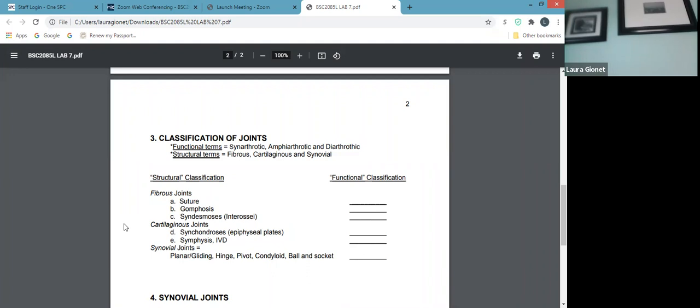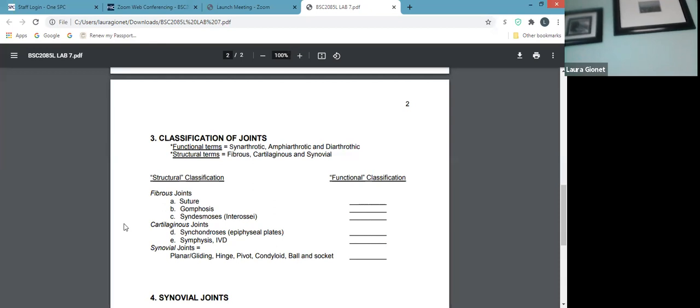All right, so we're going to look at the fibrous joints, these three examples, and how we would functionally classify them. Then we'll look at the cartilaginous joints, which you've seen referred to in lecture, and then the synovial joints, and do the same thing.